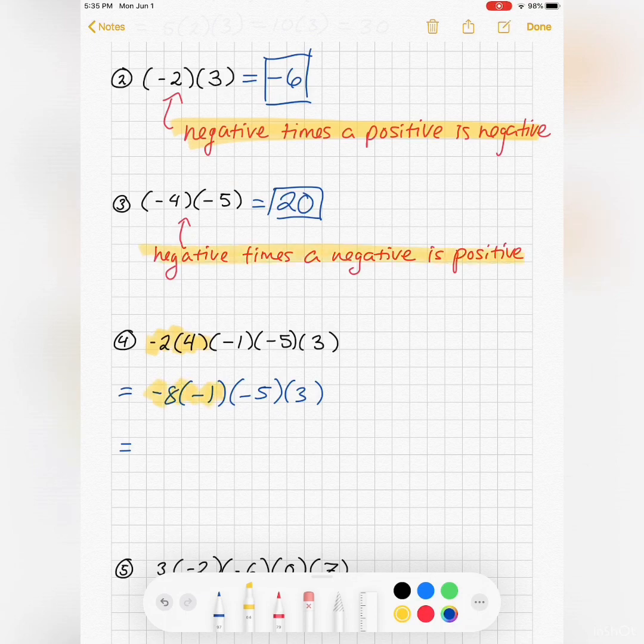A negative times a negative is positive. Carry the rest down. A positive times a negative is negative. A negative times a positive is negative.